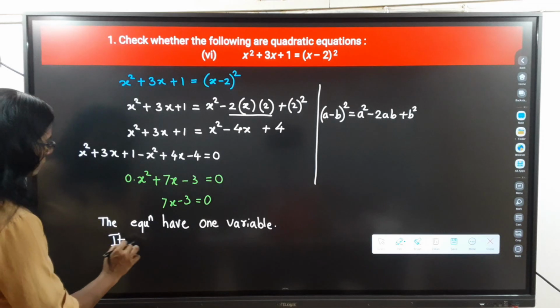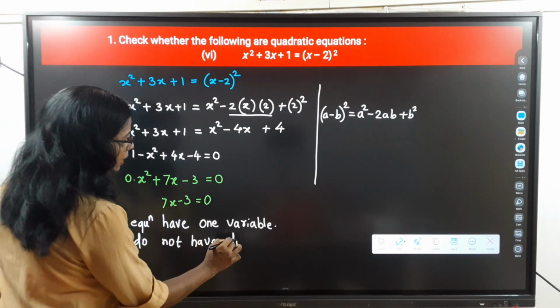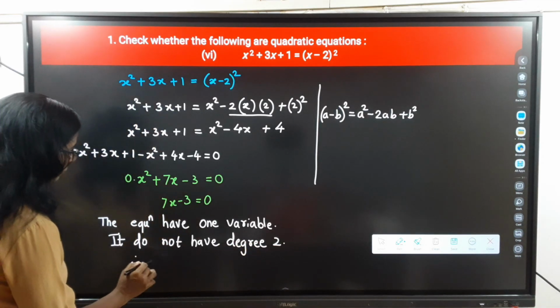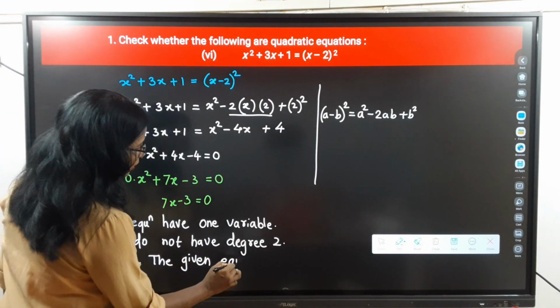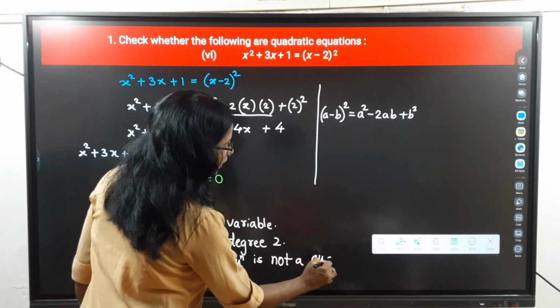It does not have degree 2. Therefore, the given equation is not a quadratic equation.